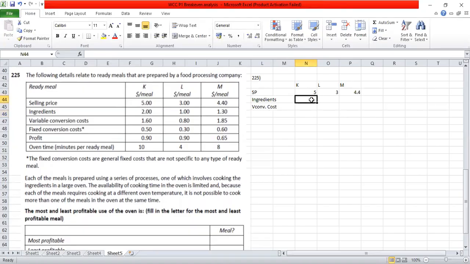So ingredient cost is 2, 1, then 1.3. Then variable conversion cost is 1.6, then 0.80, then 1.85. That's it. Find out what is contribution.